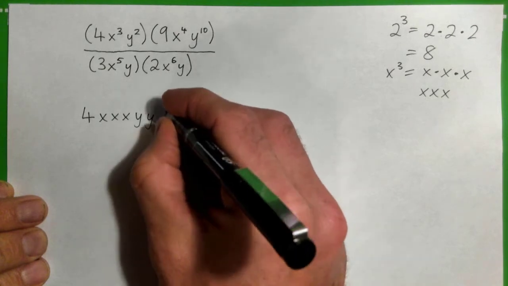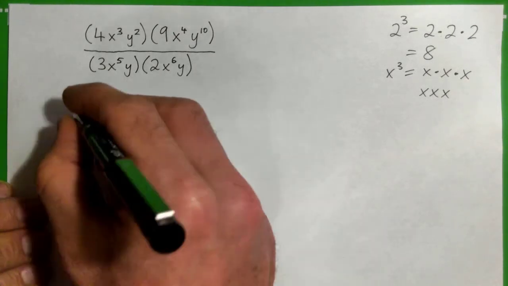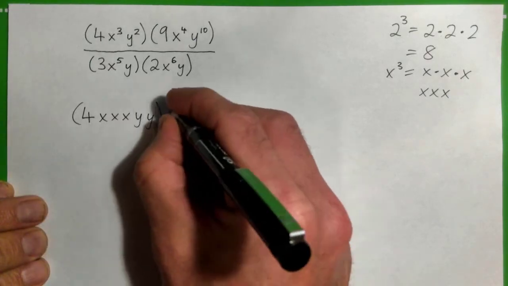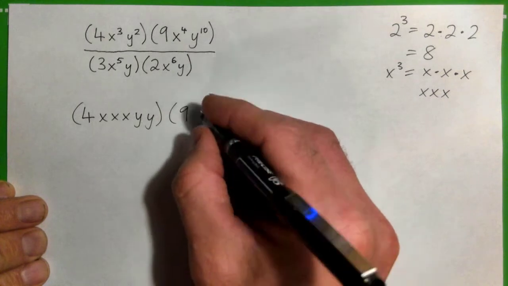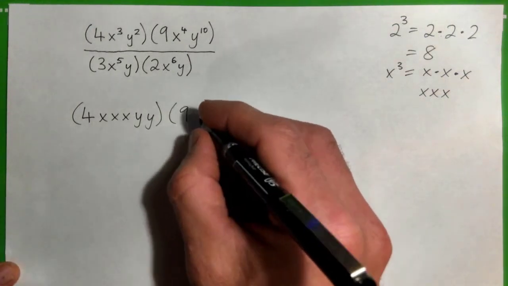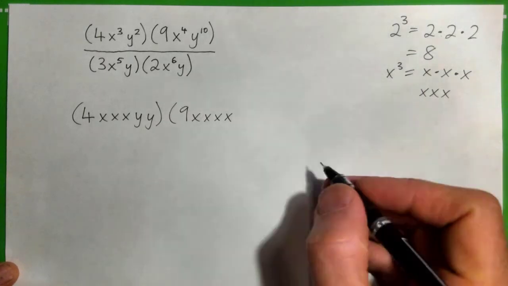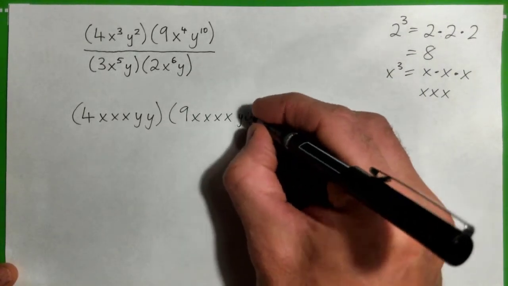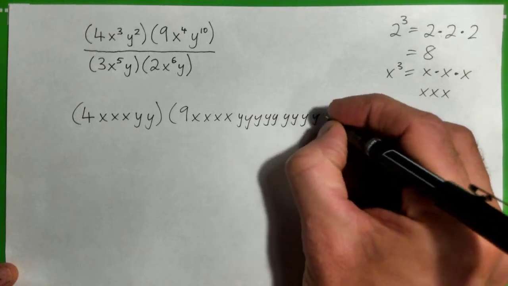And then we have times 9. I guess we could put parentheses. We don't actually need parentheses, but x to the power of 4 then. How many x's? 1, 2, 3, 4. Y to the power of 10. How many y's? 1, 2, 3, 4, 5, 6, 7, 8, 9, 10.